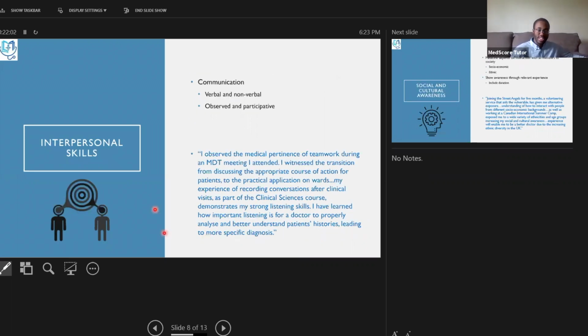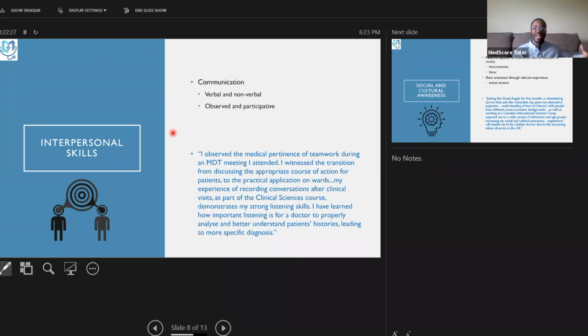So moving on. Some interpersonal skills you can talk about, like I mentioned, communication skills. Verbal and non-verbal communication skills are what we're looking for, observed and participative as well. So things like, I watched an MDT meeting, that's observed, or I actually participated as a member of staff, as a phlebotomist, or as part of my work experience, and I was able to present a case.